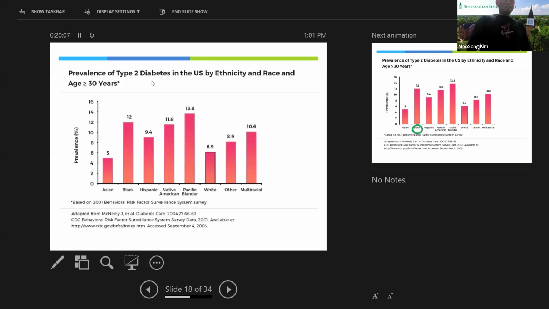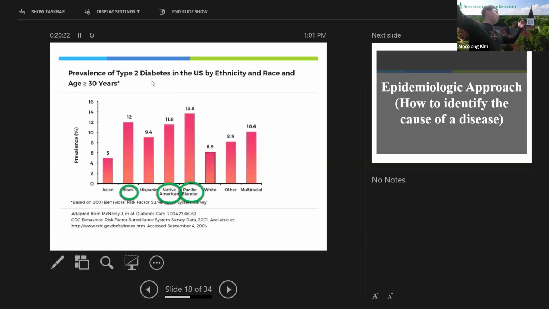There's a higher prevalence in my... Yes, type 2 diabetes has a higher prevalence in minority groups like Black people, Native American people, and Pacific Islanders, right? So these races have higher type 2 diabetes than other races.